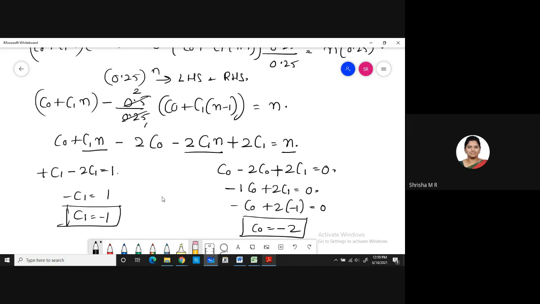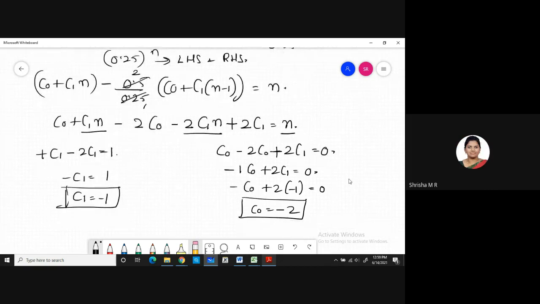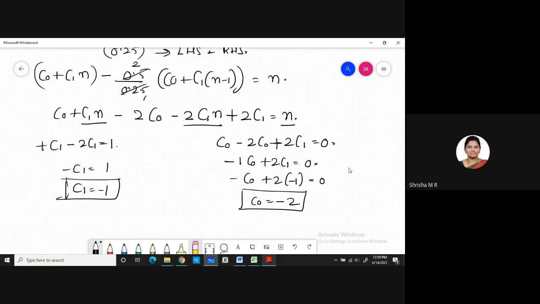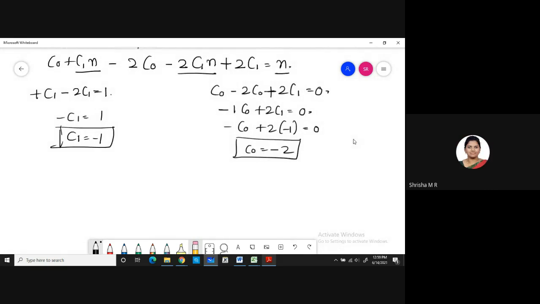Got it? Clear, everyone, this step? Till here clear? Yes, ma'am. Others clear? Everyone? Yes, ma'am. So your yp of n, it is of which form?